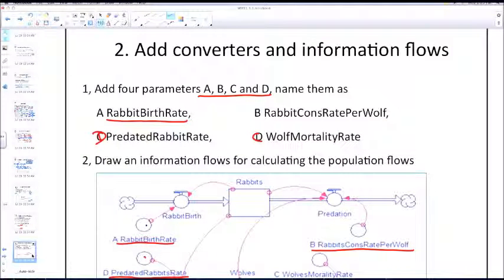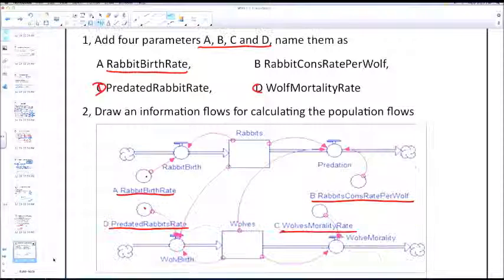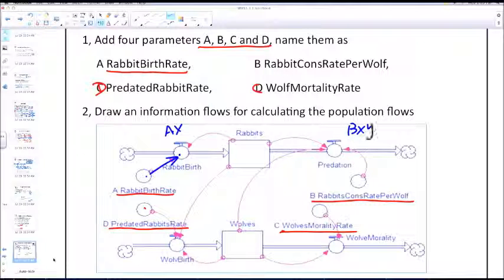Then you follow this idea. Here is the flow in. You need the AX, so you put the information AX here. For the flow out, I need the BXY. That's why I need the B here, X here, Y here. That's how we build this flow out.